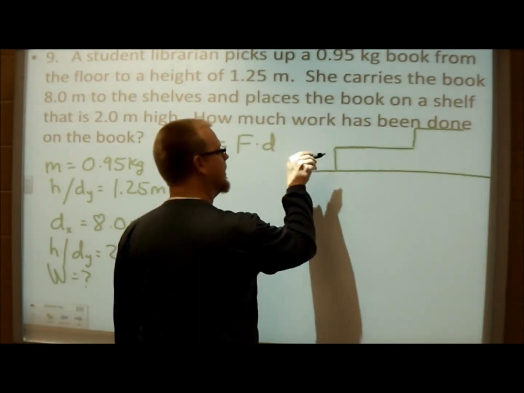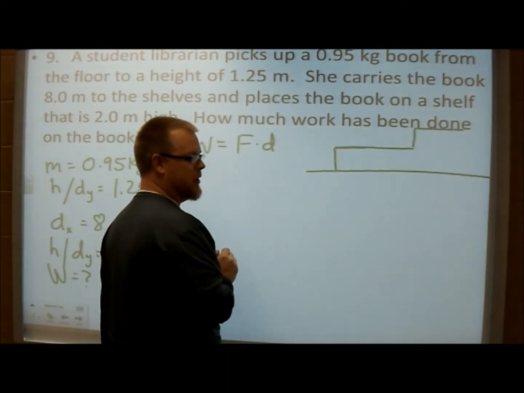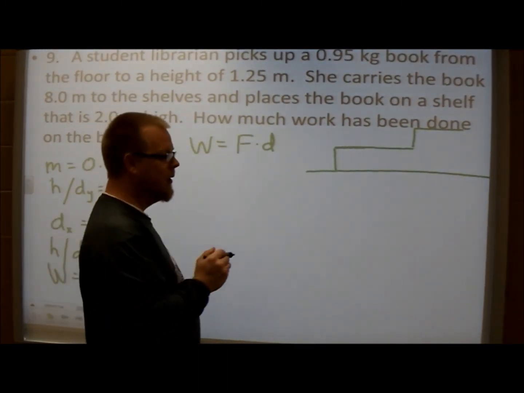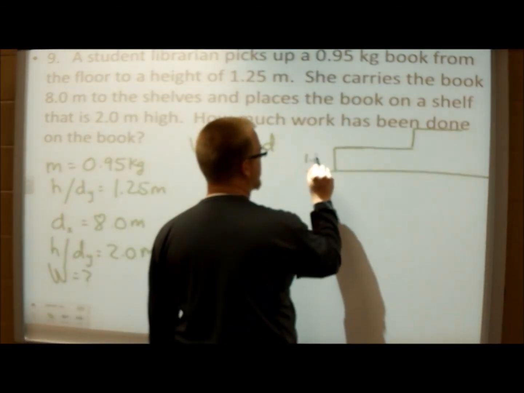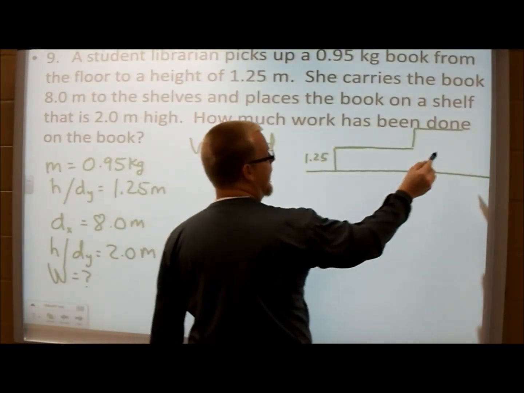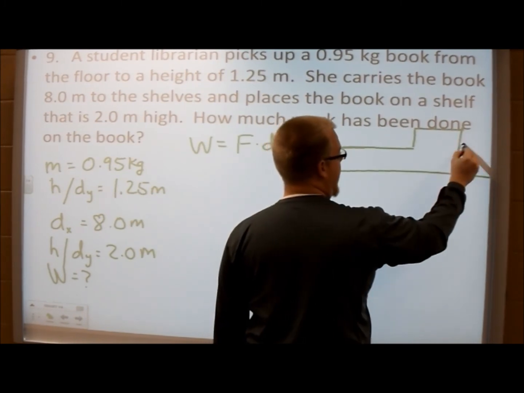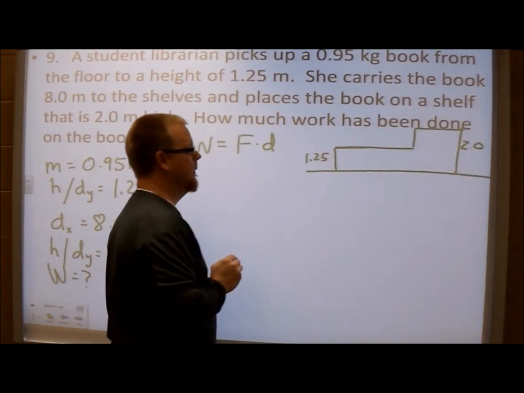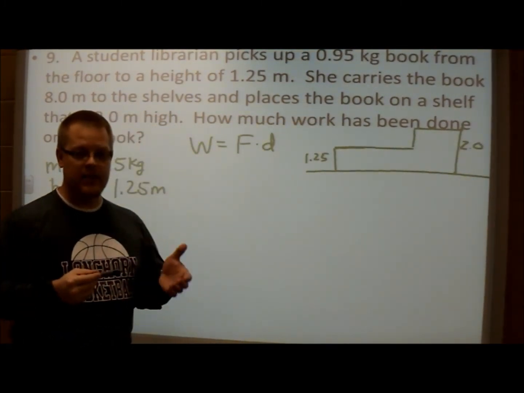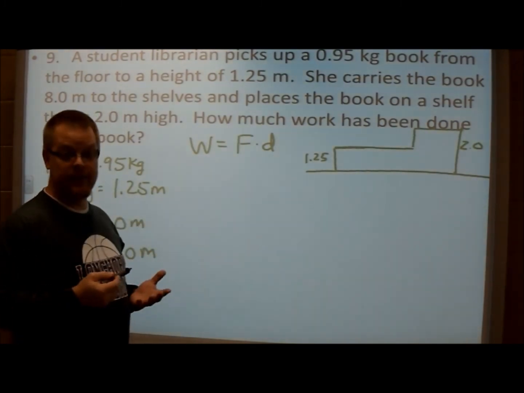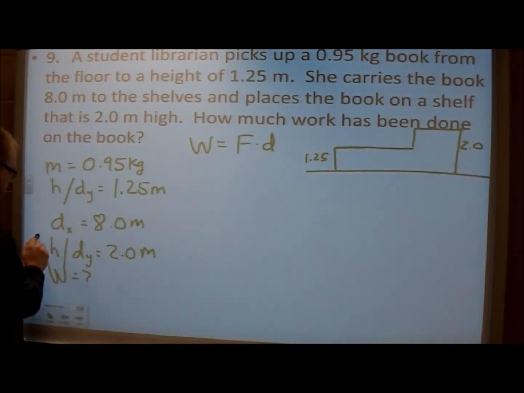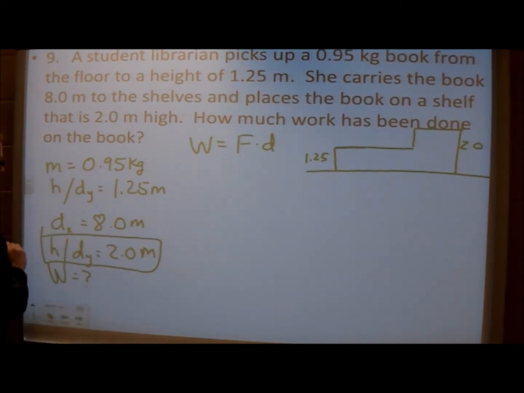Where was the work done? Did I push the book across the floor? No, I didn't. I lifted the book. Here was 1.25, and then the entire height was 2. So the distance in the vertical direction that I actually lifted this book was 2 meters. So that's what I'm going to use.